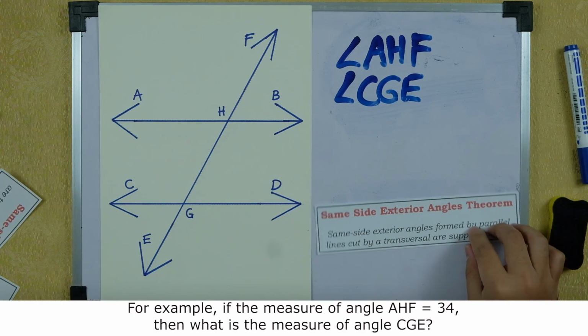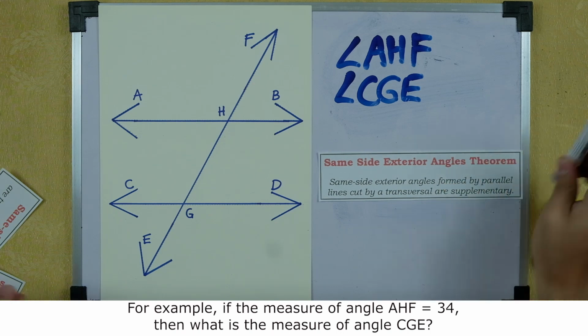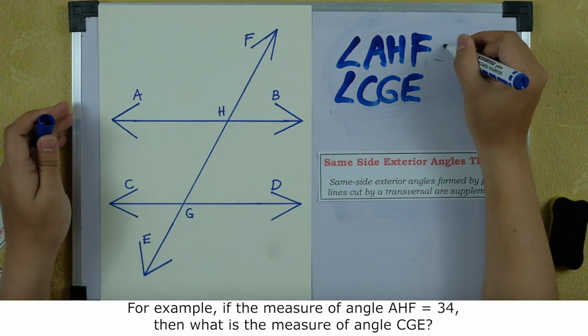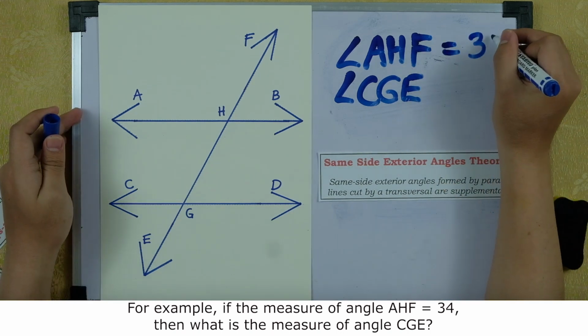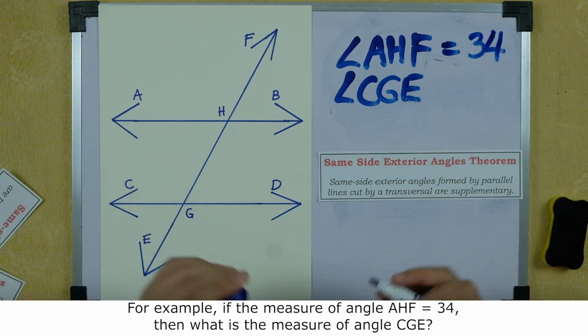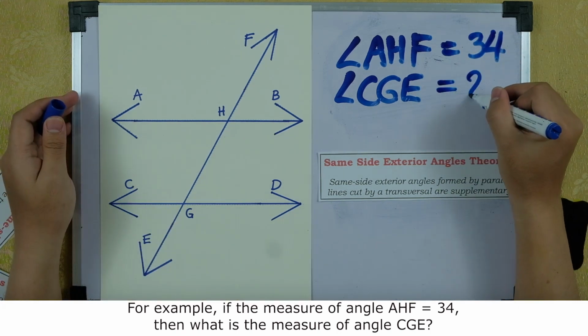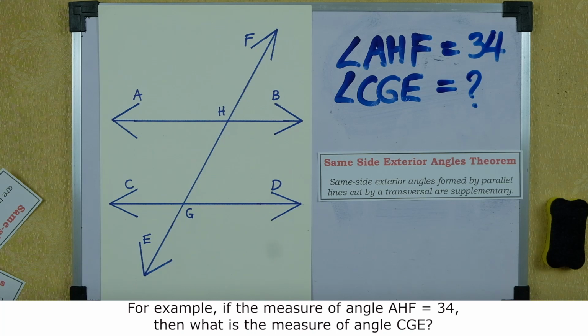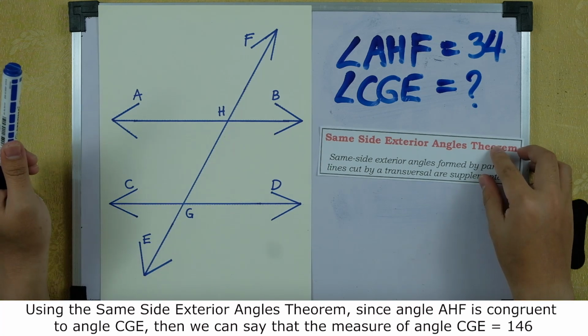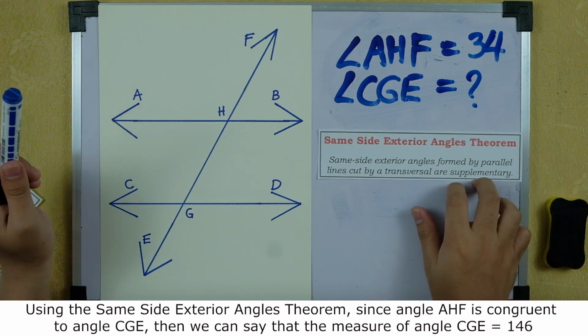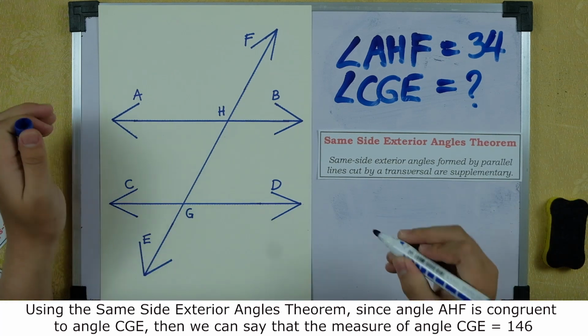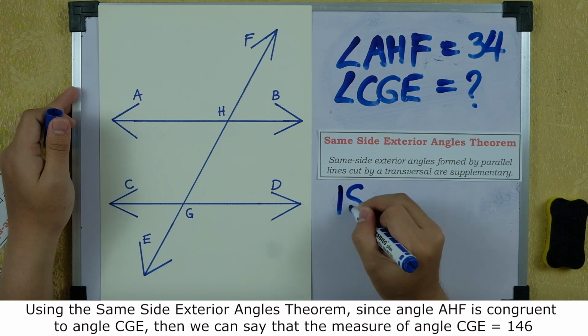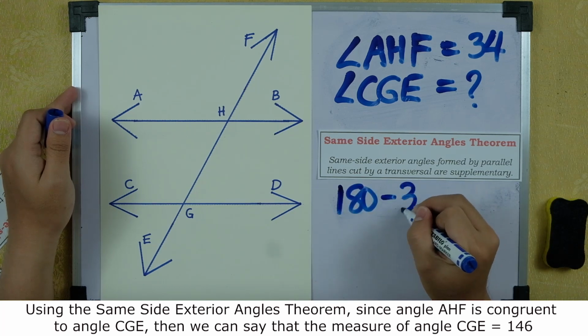Going back to our example, assume that the measure of angle AHF is 34. Then, what is the measure of angle CGE? Using the same side exterior angles theorem, we subtract 34 from 180.